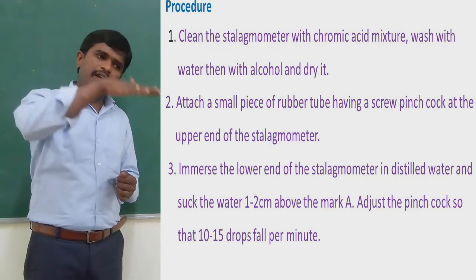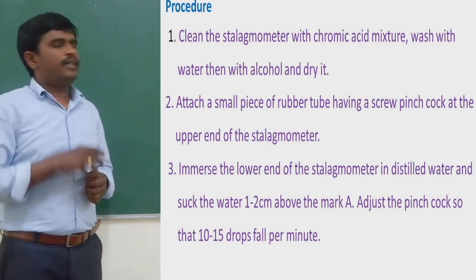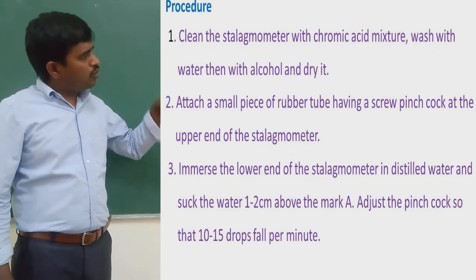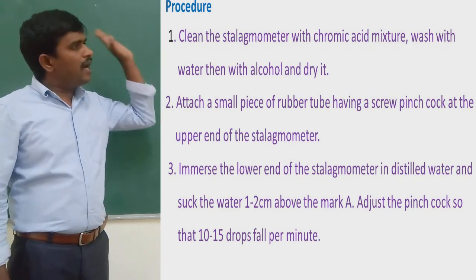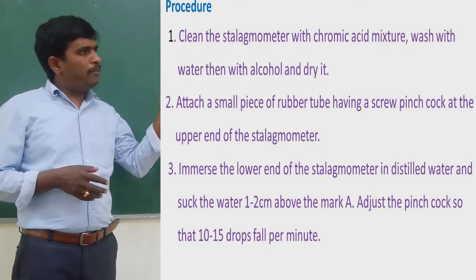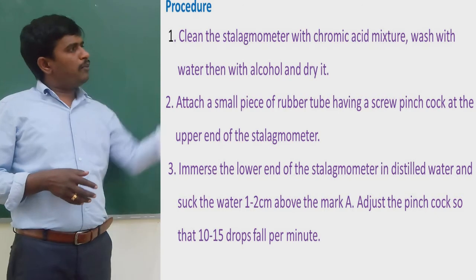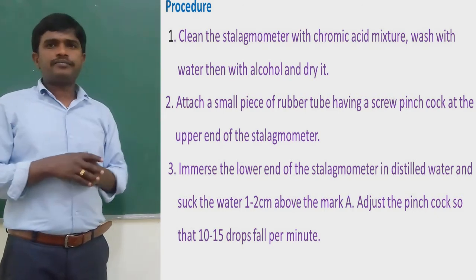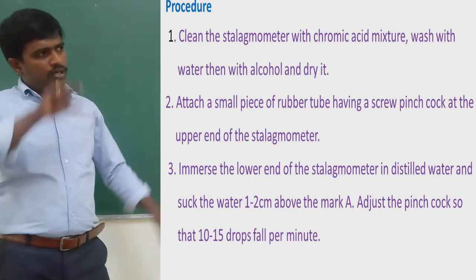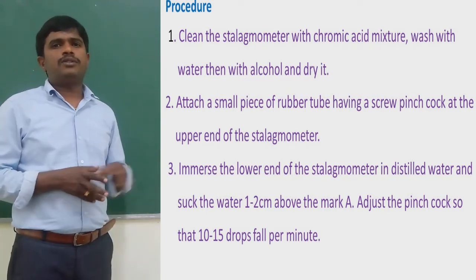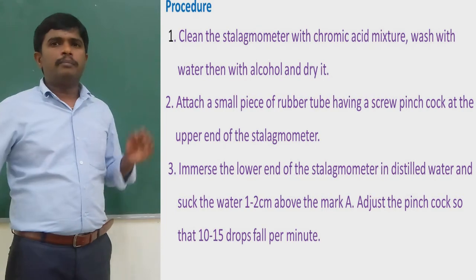Immerse the lower end of the stalagmometer in distilled water and suck the water 1 to 2 centimeter above the mark A, that is above the bulb. That mark is shown above the bulb. Adjust the pinch cock so that there are 10 to 15 drops per minute.